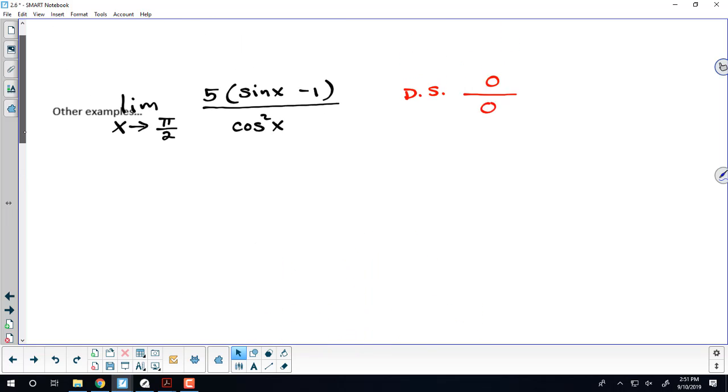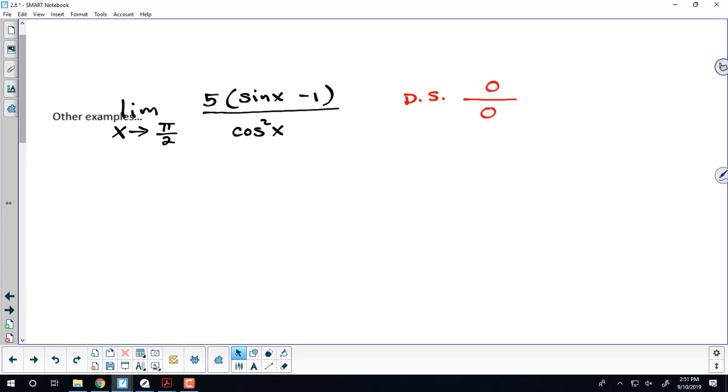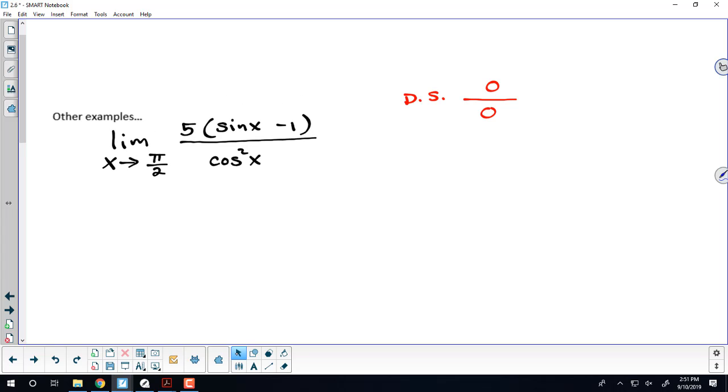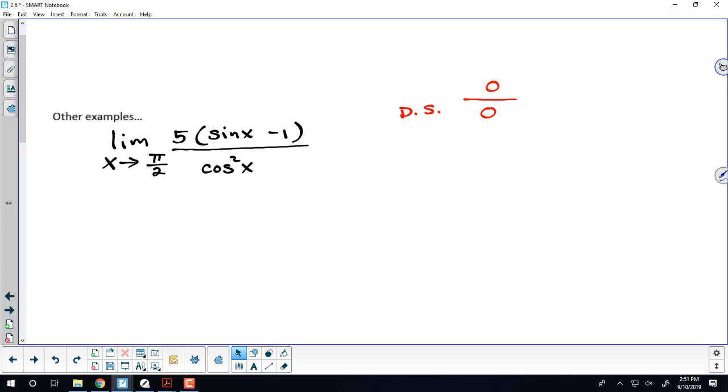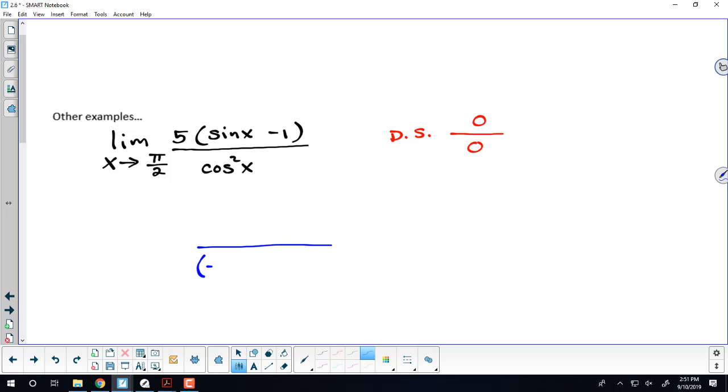So they're not exactly the same factor, but writing the denominator this way, it's 1 minus sine times 1 plus sine. Okay, so that's where we're at.